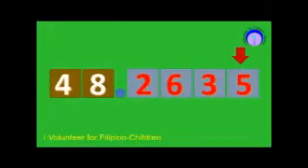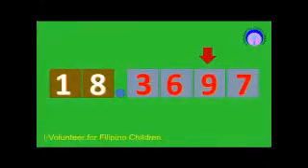Next number is 48 and 2,635 ten thousandths. Digit 5 is in the ten thousandths place. Next number is 18 and 3,697 ten thousandths. Digit 9 is in the thousandths place.